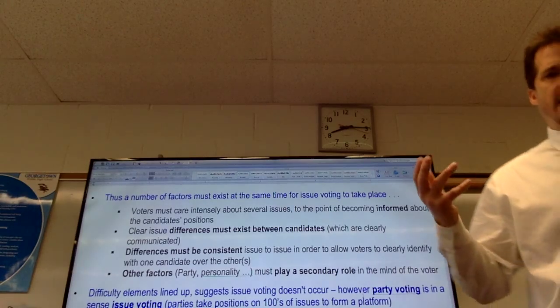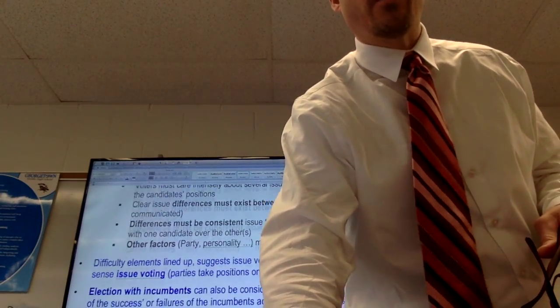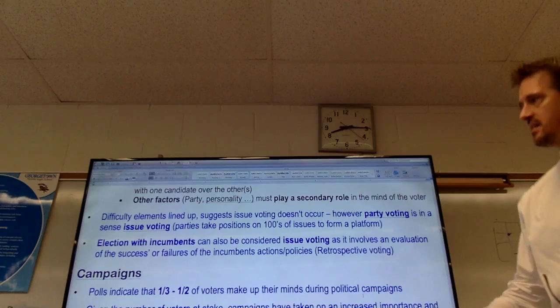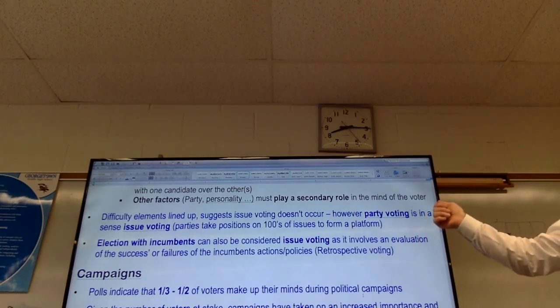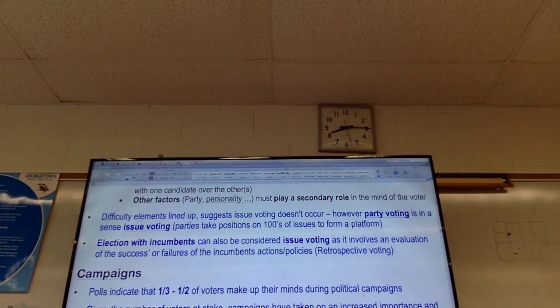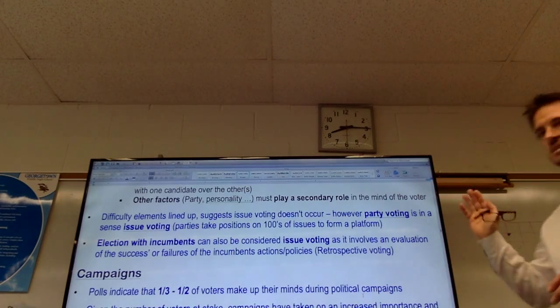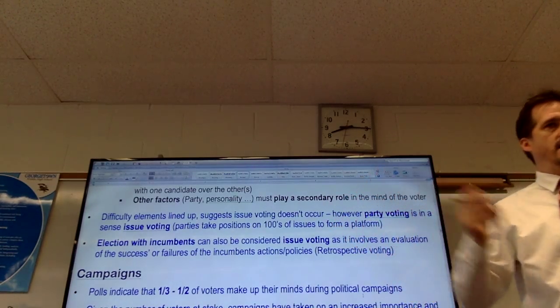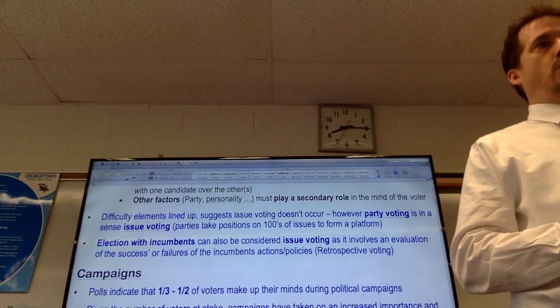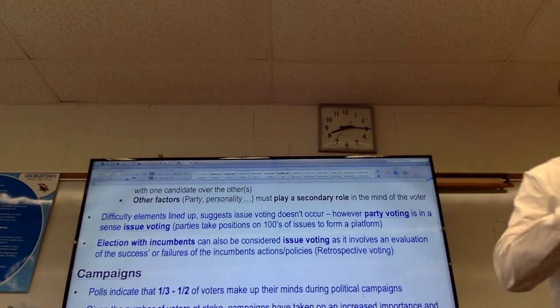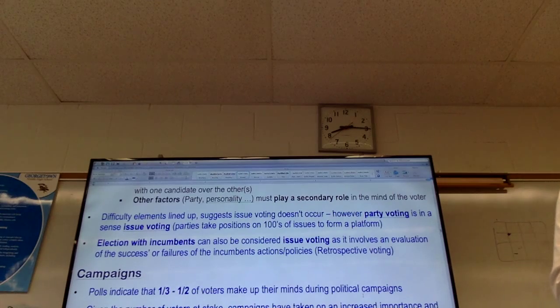So it seems like, how can you ever have issue voting? Well, one of the things I want to stress is that party identification and voting according to party line is issue voting. Because again, they've simplified everything for you, right? And we like simple. If you don't put that in an essay somewhere, whatever essay question I give you in campaigns and elections, even if it seems like it's not related, put it in there anyway, okay?